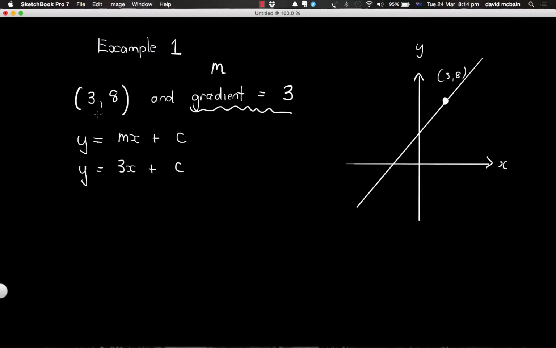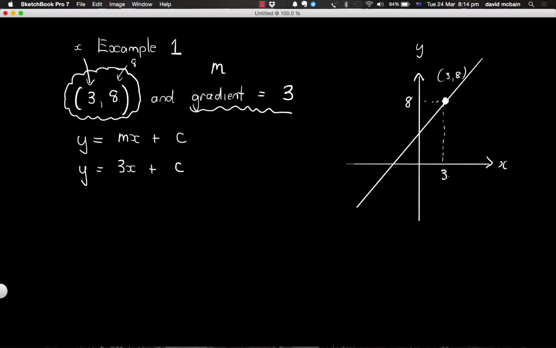But what we do have is the other piece of information, this piece of information here. And this is very, very important, because this is telling us when x equals 3, y equals 8.